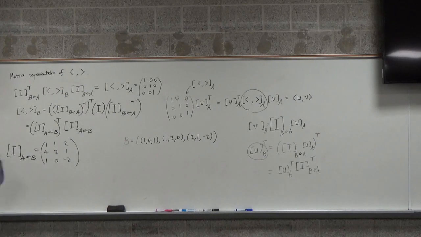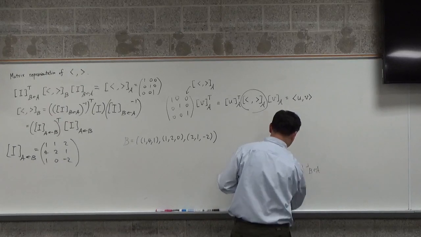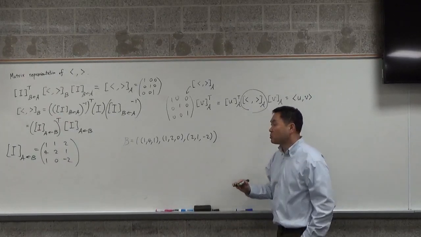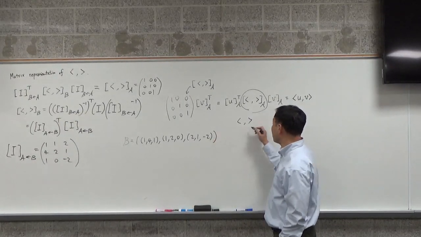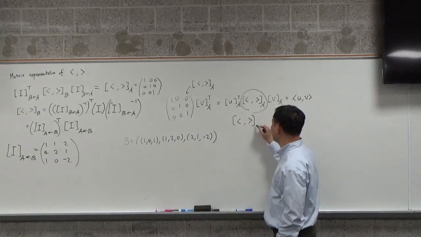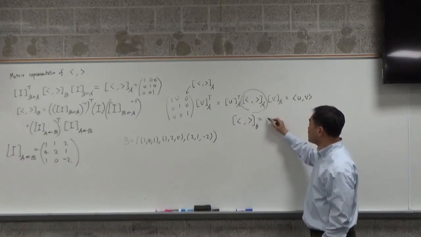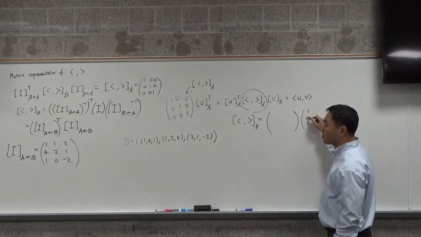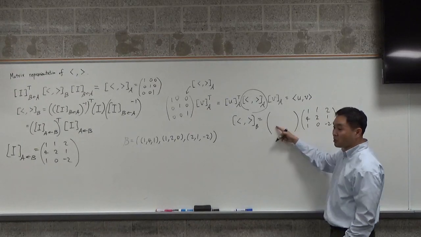Since this is what we have, here's what we get for the inner product matrix with respect to this basis B. It's 1, 4, 1, 1, 2, 0, 2, 1, negative 2 times its transpose.